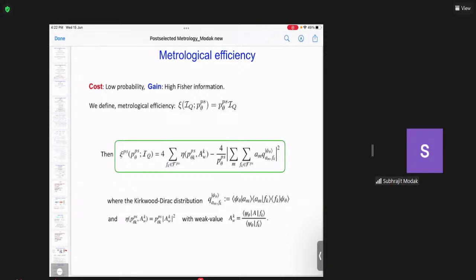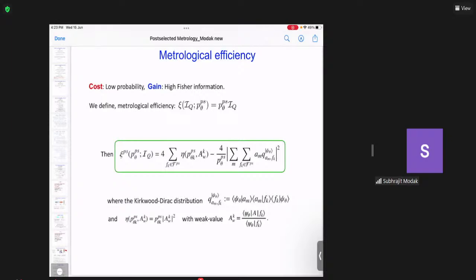Now, the higher the probability of having larger weak values, the lower the probability of having successful post-selection. So there is always a trade-off between successful post-selection and a higher weak value. If you want to get a particular term higher, you have to lose successful post-selection probability, right? So there is always a trade-off.